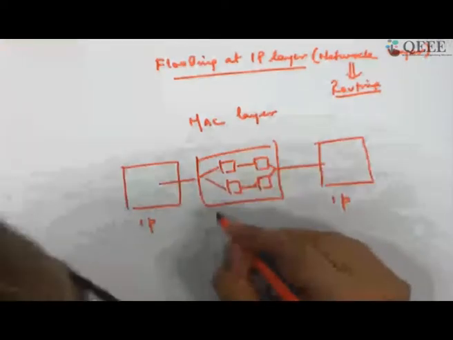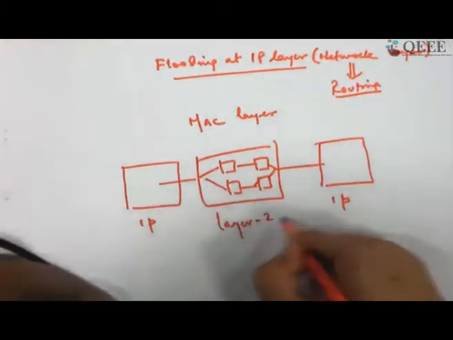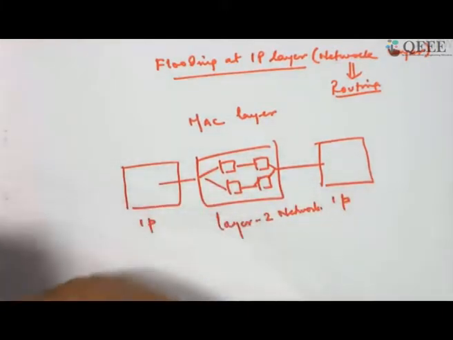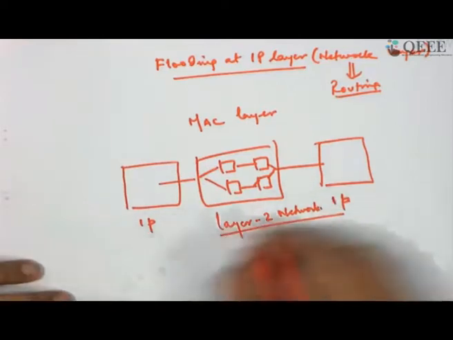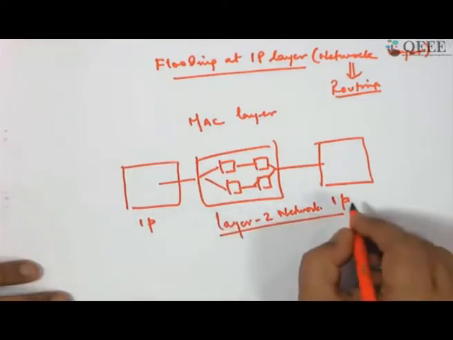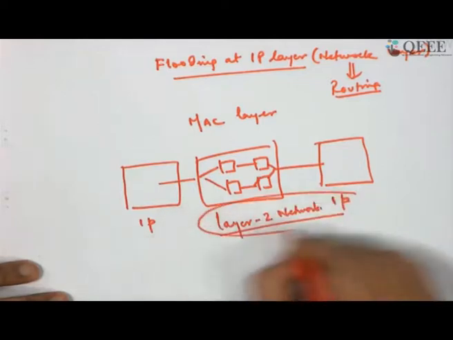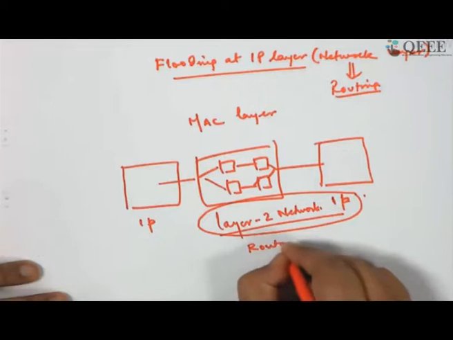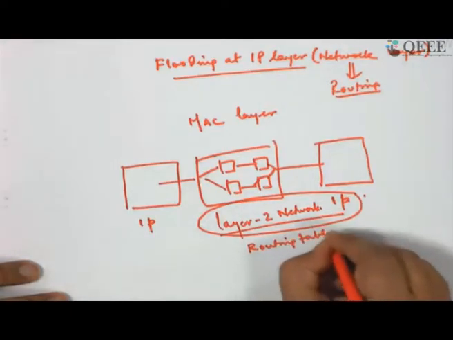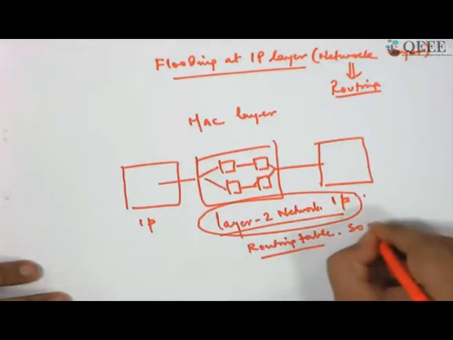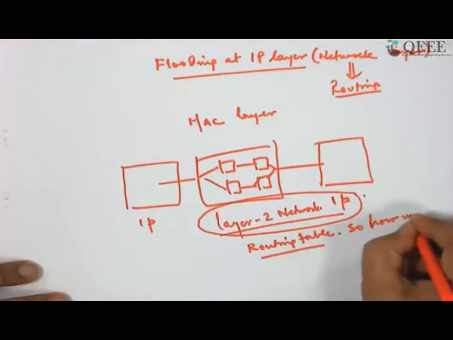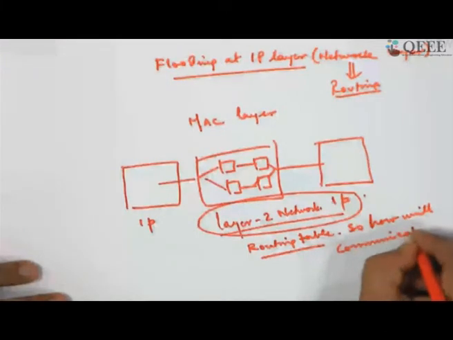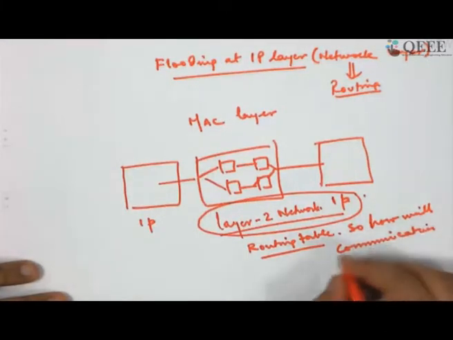So, this is a layer 2 network. Here there is no routing table. So, how will communication go inside this network? This network luckily is a smaller network.